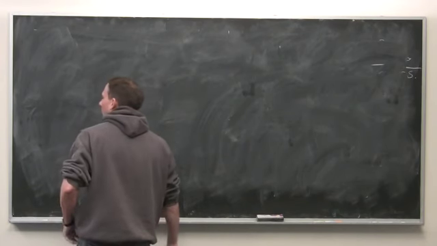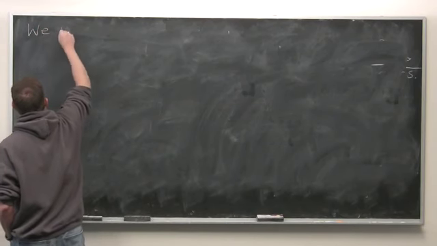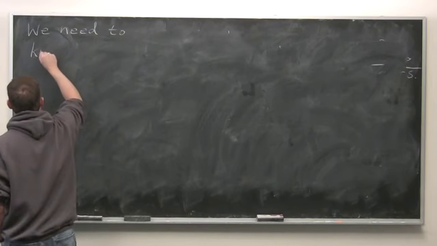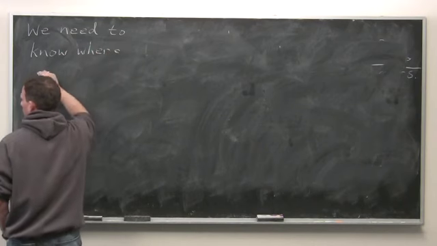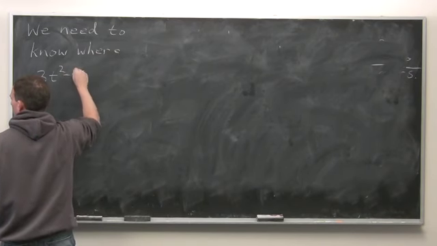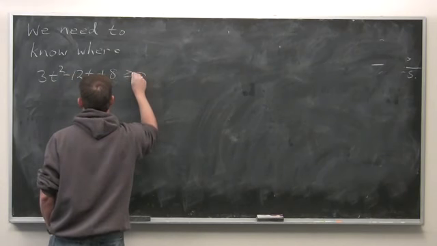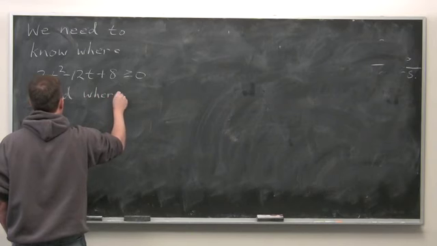So what am I saying? We need to know where 3t squared minus 12t plus 8 is greater than or equal to 0, and where it's less than or equal to 0.